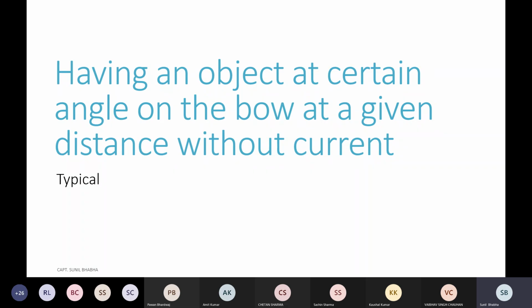So distance off is given to us, that is 12 miles. When we are 12 miles away from that lighthouse, it should be 30 degrees on our port bow. So that is the question.